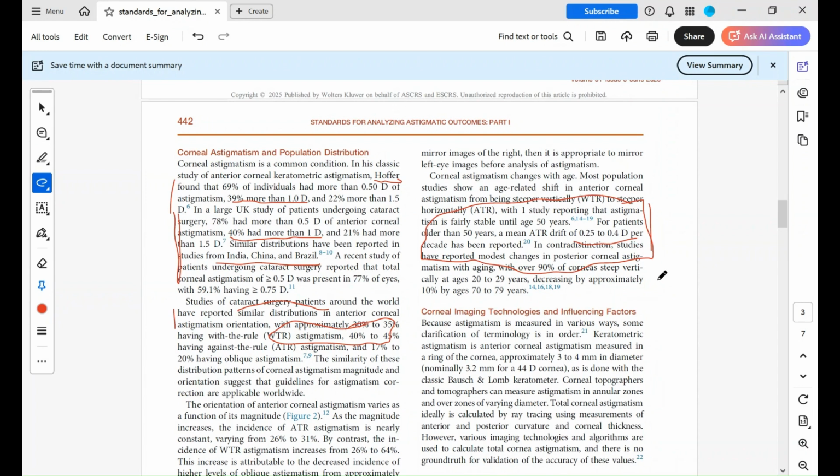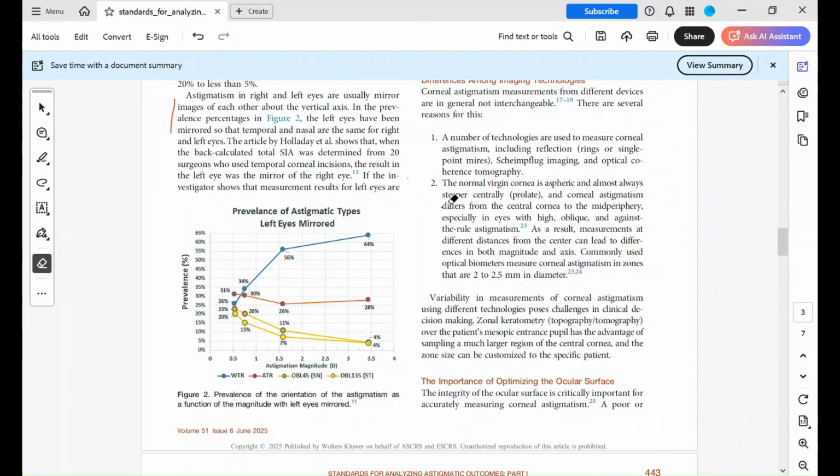So for patients older than 50 years, a mean ATR drift of 0.25 to 0.4 diopter per decade has been reported. This is important to keep in mind. So some doctors like to keep a little bit of residual astigmatism on the vertical meridian so that they can compensate for the subsequent drift. Now this is important.